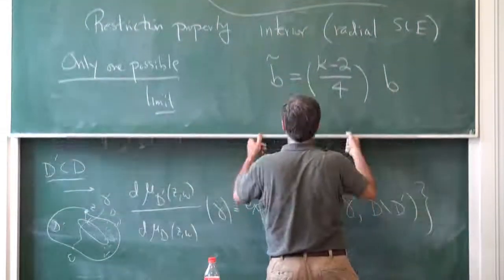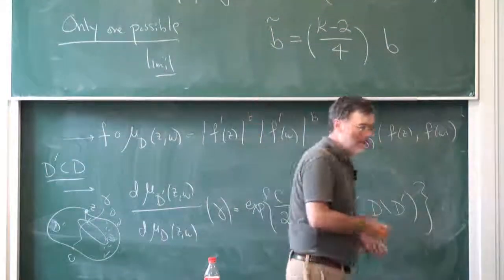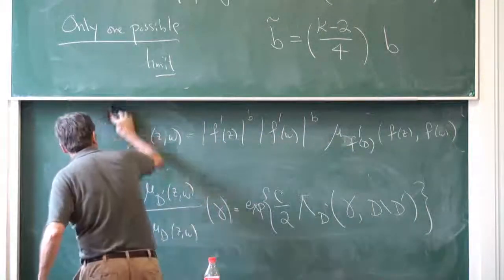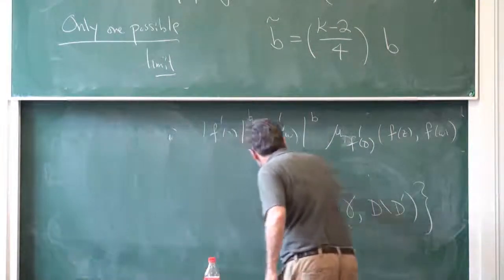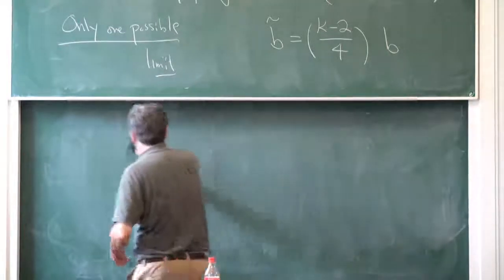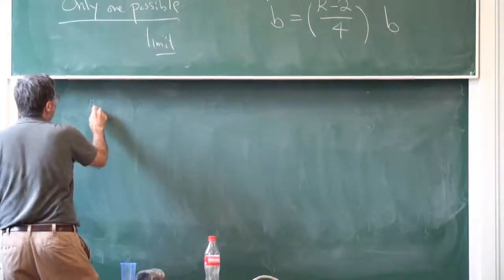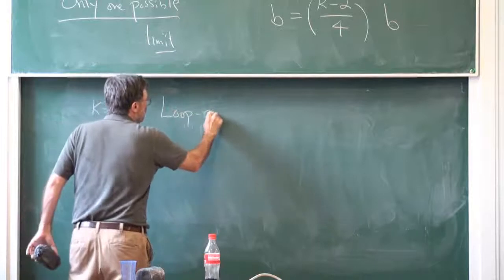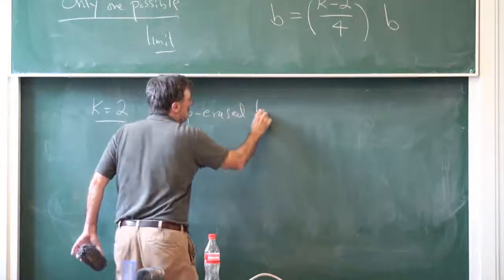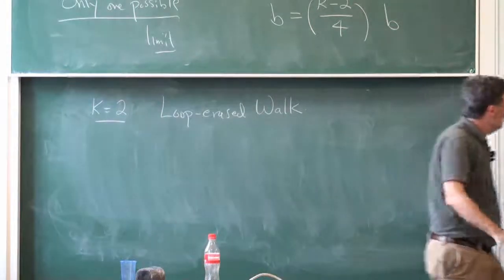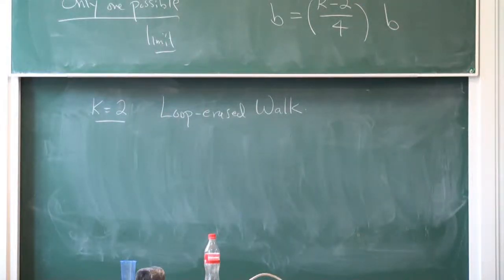Just since I'm here, I have 2 seconds more. I'll just list some other values of kappa that you may have seen. Kappa equals 2 is loop-erased walk.